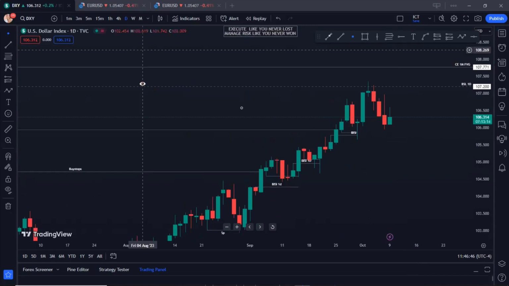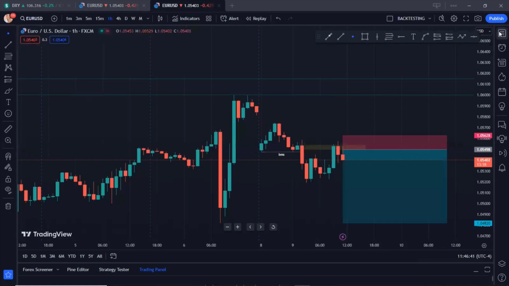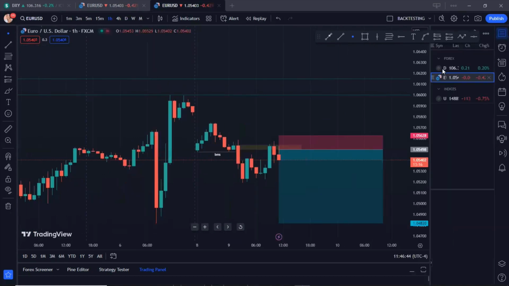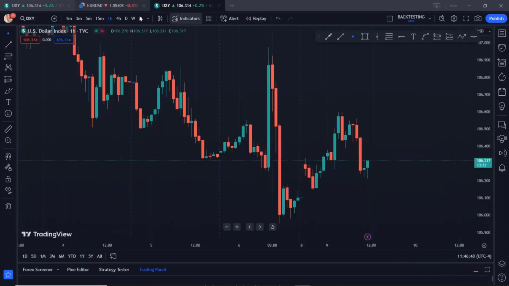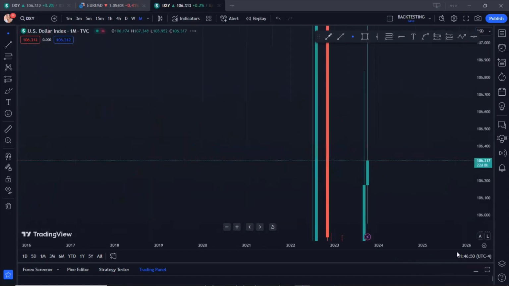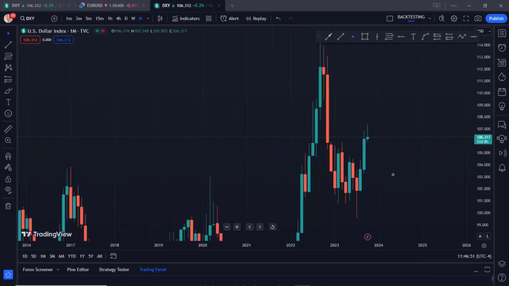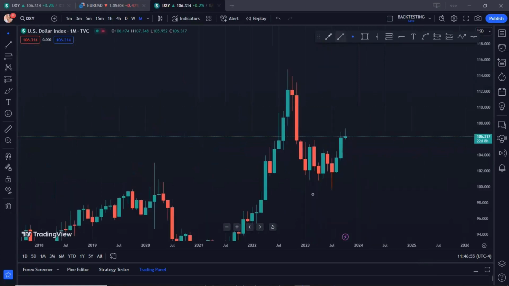But the difference is that the DXY has reached the gap. Let me show you from here. If I check the monthly time frame on the DXY, it has reached the monthly gap. You can see price is coming from here.